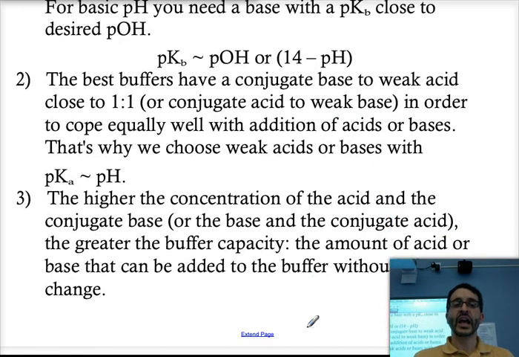And finally, you want the highest concentration you can have for your acid and conjugate base, because that will give it a much greater buffering capacity. The larger the concentration is, the less the concentrations are affected by addition of small amounts of acid or small amounts of base. And that is it for buffers.